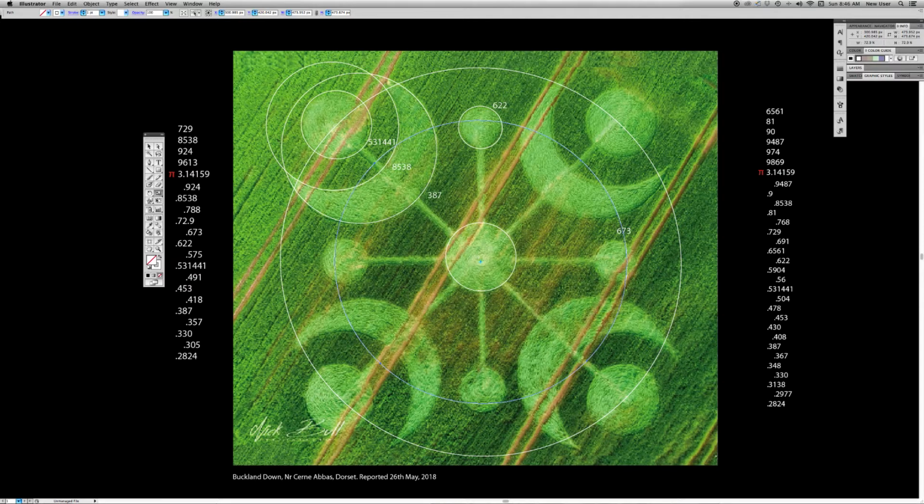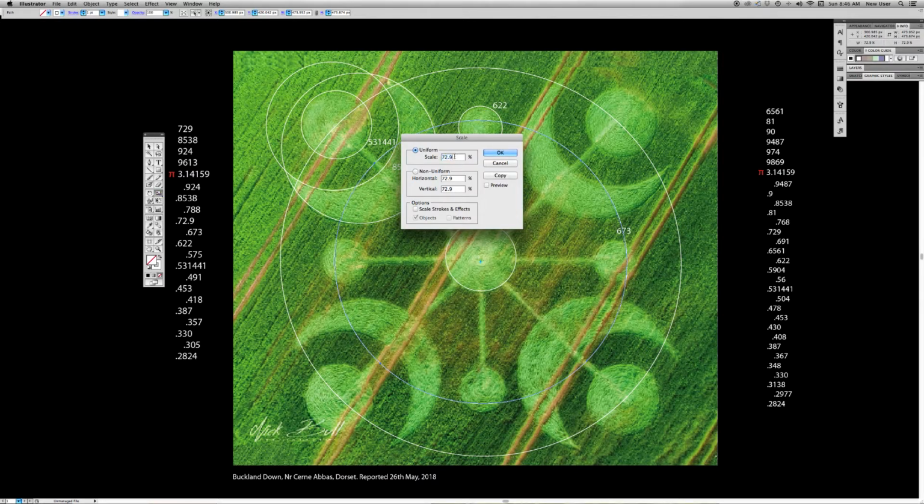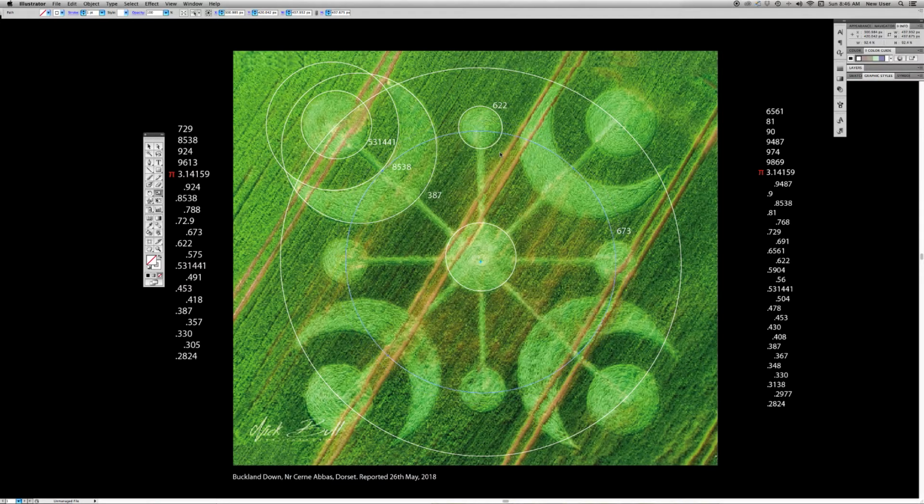Too big, so I've got to give it another reduction, which is the square root of 8538, which is 92.4. And then it's going to align with the centers of the circles. And here as well, there.